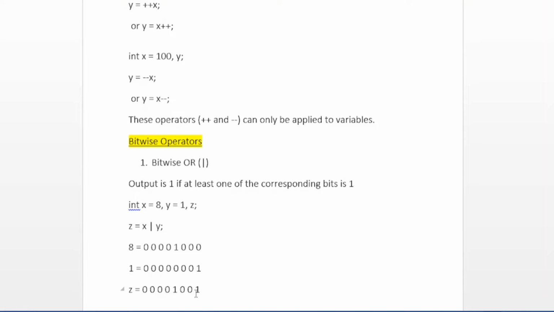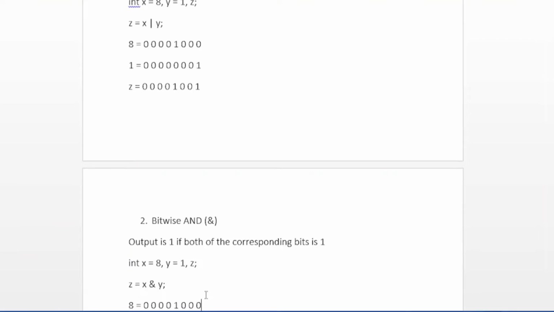So this becomes 1, this means 0 0, and this 1 0 becomes 1. This is 0 0, so 0 0 0 0, so this becomes 9. This is the binary form for 9. So the bitwise OR output is 1 if at least one of the corresponding bits is 1.